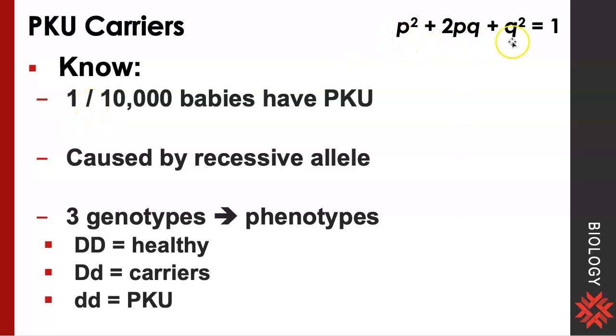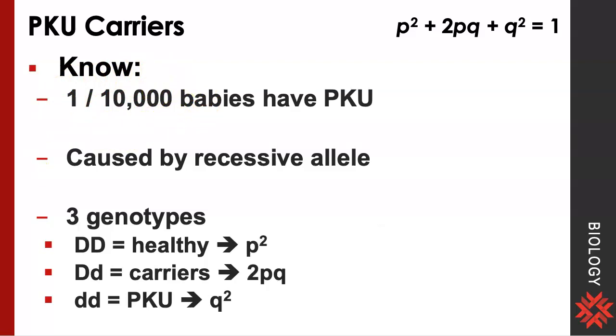Now, when we look at our Hardy-Weinberg equation, we know that the p squared represents the frequency of the homozygous dominant genotype. Our 2pq represents the frequency of the heterozygous genotype. The q squared represents the frequency of the homozygous recessive genotype. So that's our PKU. So q squared is what's going to equal our 1 out of every 10,000 babies.